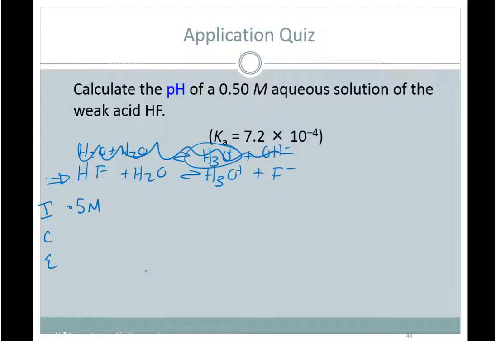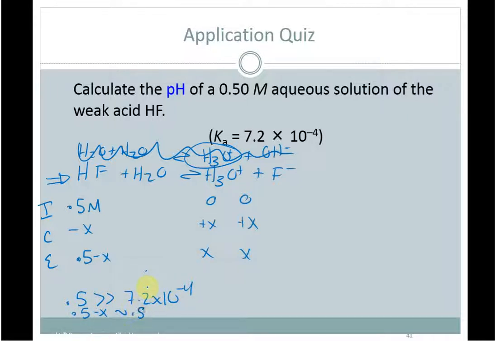So if we look, we have some change where some of it's going to ionize, plus X, plus X. This is 0.5 minus X, X, and X. Because this 0.5 is so much bigger than 7.2 times 10 to the minus 4, we can say that 0.5 minus X is essentially 0.5. And now we can go ahead and plug this in and say that our K is 7.2 times 10 to the minus 4.